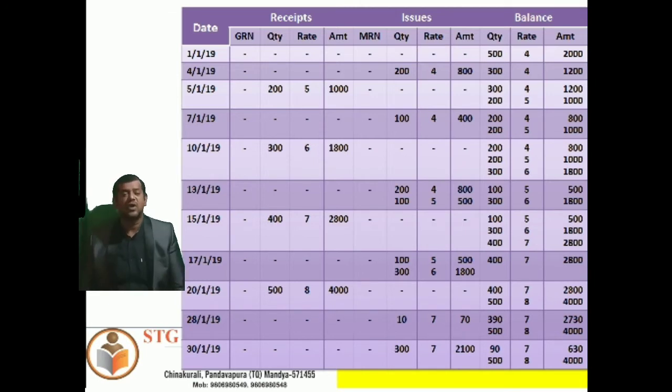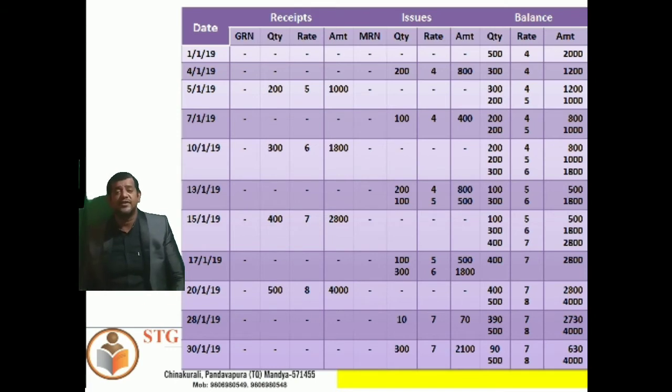So receipts column, GRN nil, quantity nil, rate nil and amount nil. Under issues, MRN is also nil, but quantity, 200 units at ₹4 per unit. So amount column 800.